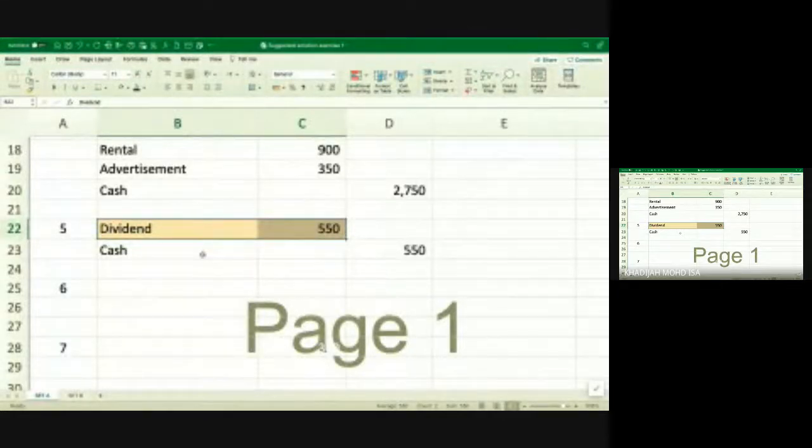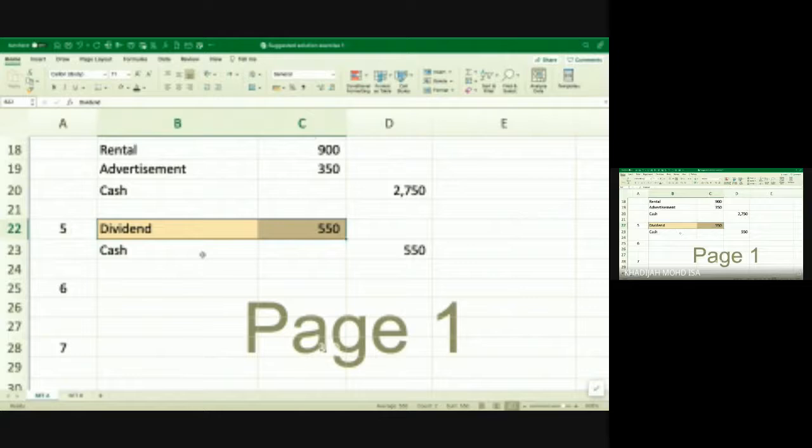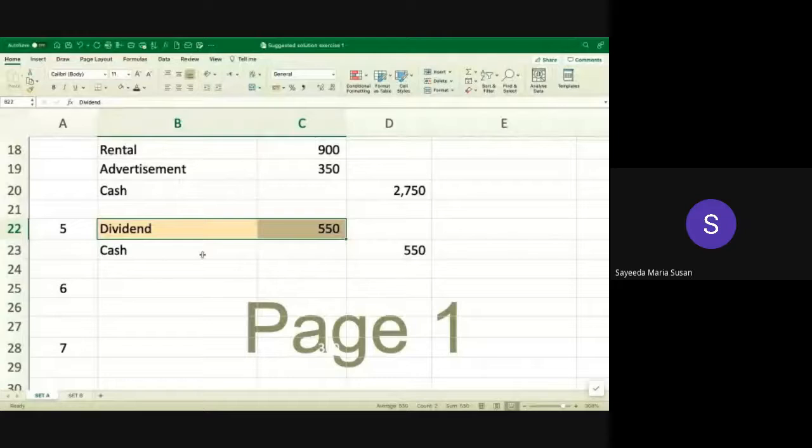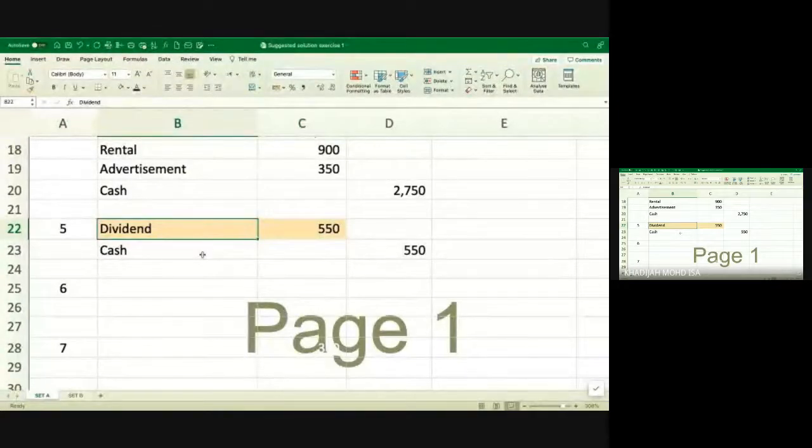These are the 4 items which normally appear in your statement of retained earnings. When you pay out dividend, does that increase or decrease owner's equity? It decreases your owner's equity. So when owner's equity decreases, is it debit or credit? Debit.